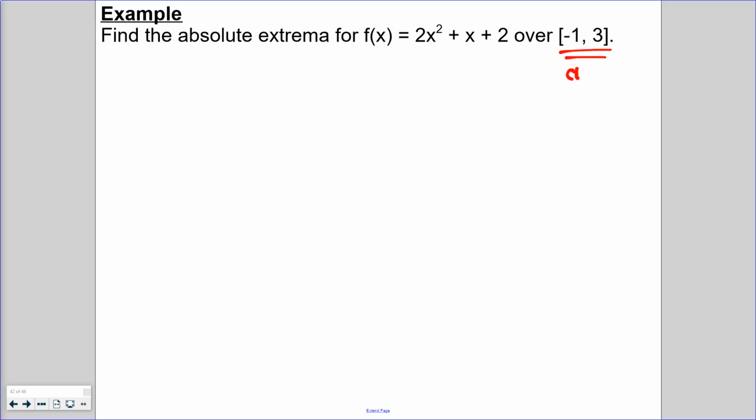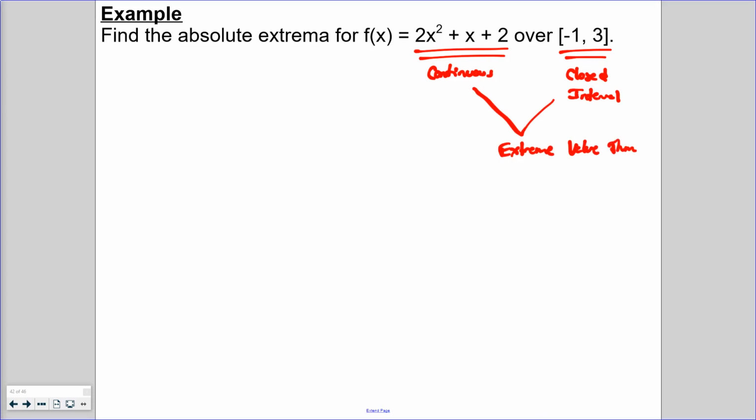We can see here that we have a closed interval, and our function is a polynomial, which means that it is continuous. So since we have a continuous function on a closed interval, the extreme value theorem comes into play.